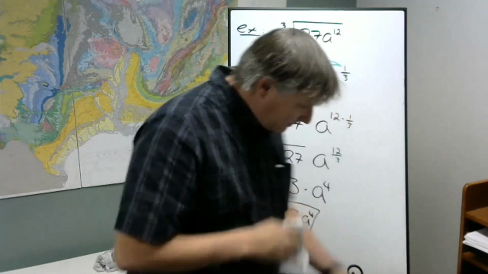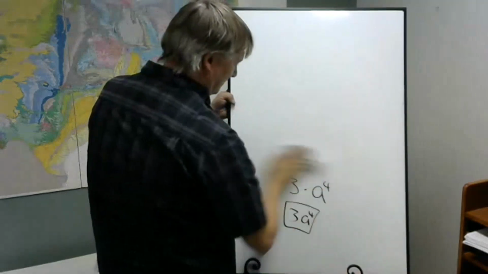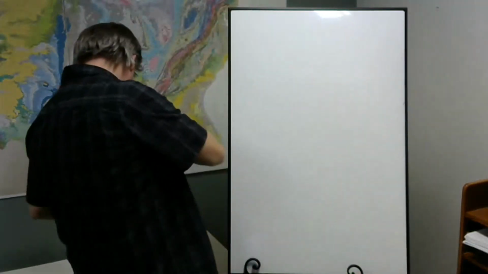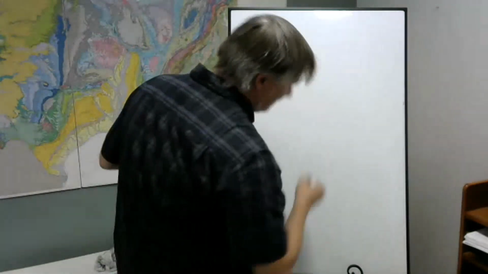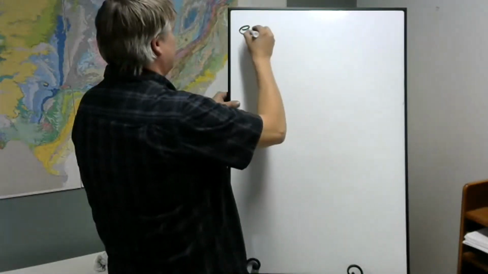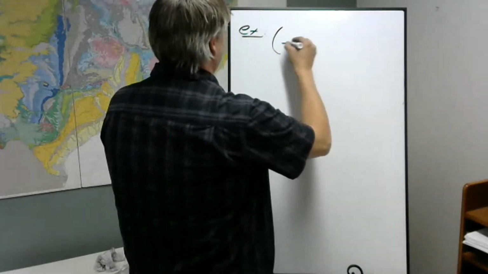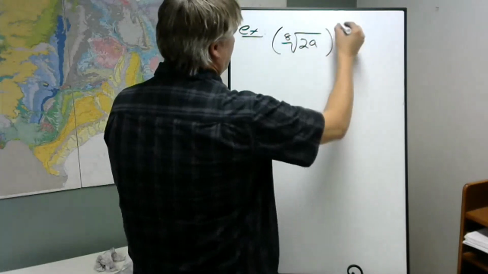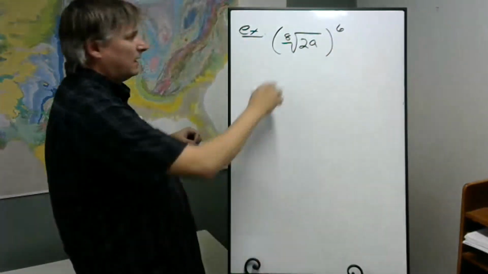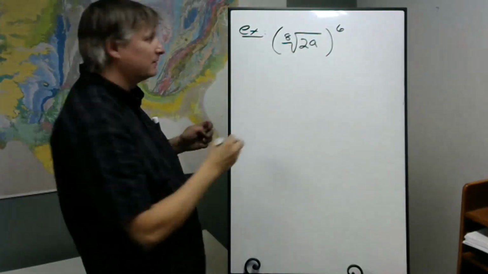Now let's do one like this. Again, we're going to treat this as a rational exponent for what's on the inside.